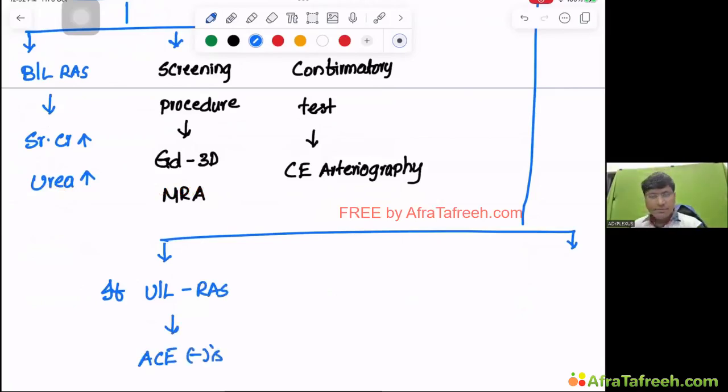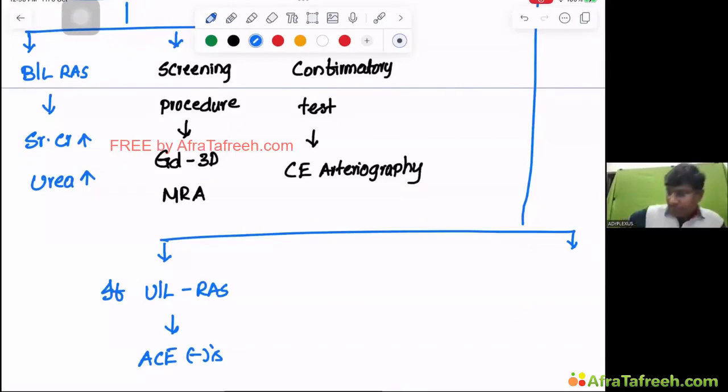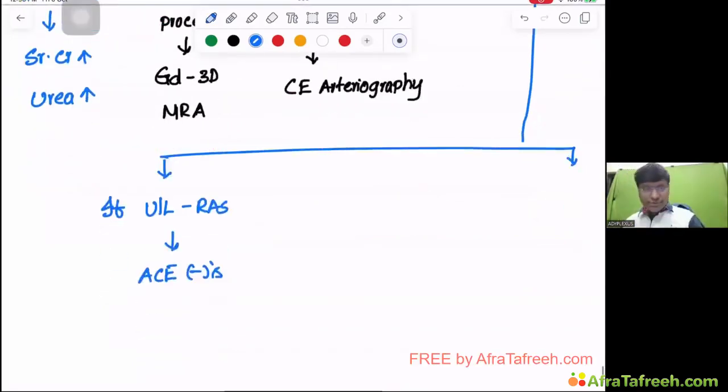We start these ACE inhibitors even by just doing an ultrasound. If ultrasound shows renal artery stenosis unilaterally, we start ACE inhibitors. There's no doubt in that. So, unilateral renal artery stenosis, you need to give the ACE inhibitors, right? And this we can start even by doing gadolinium enhanced MRI, even by doing ultrasound you can start.